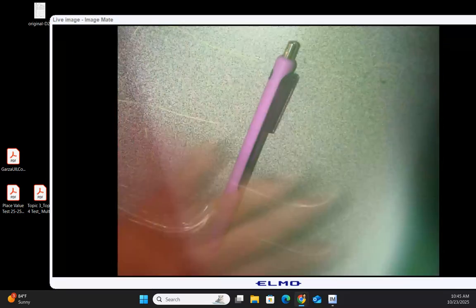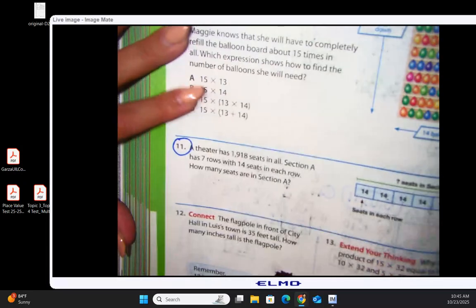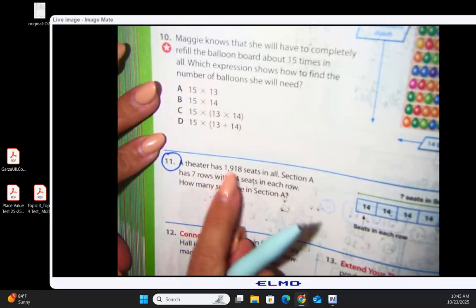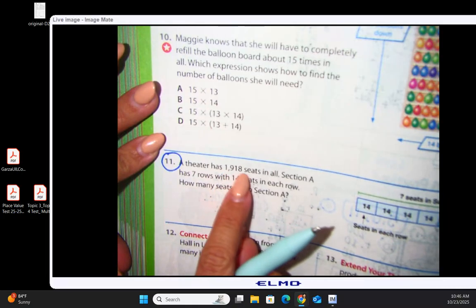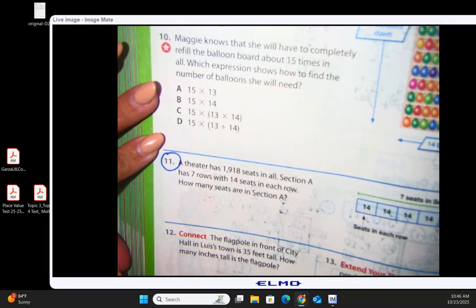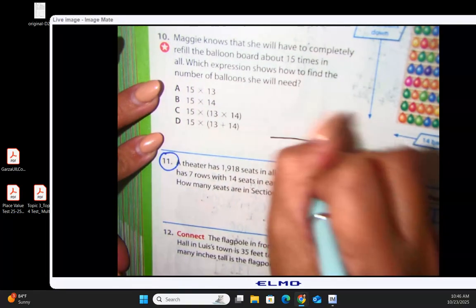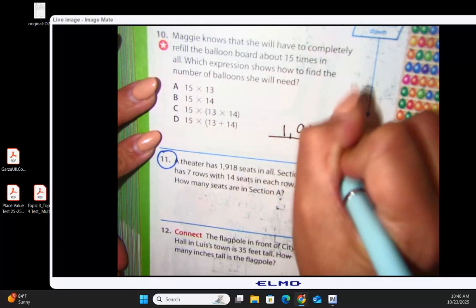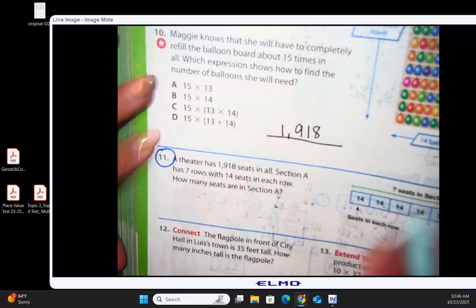Number 11. Number 11 says, a theater has 1,918 seats in all. So if I were to put this in a strip diagram, I have 1,918 seats in all.